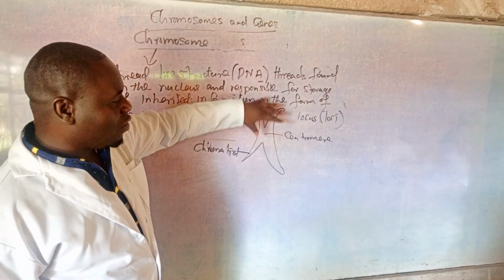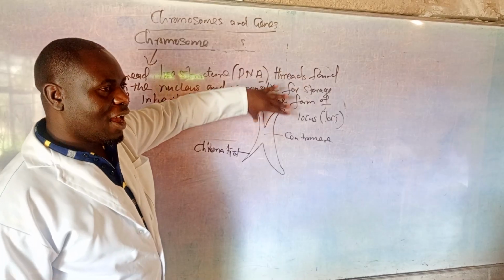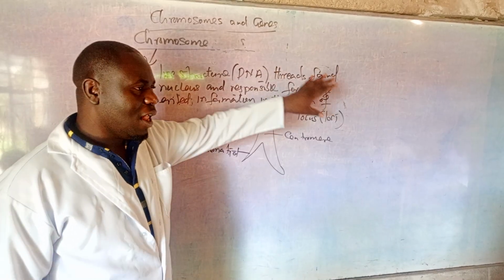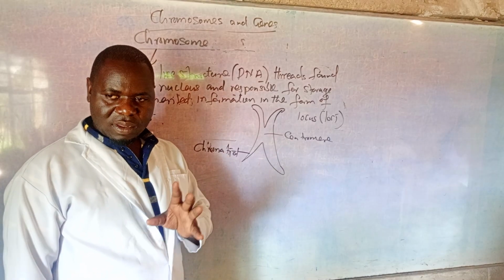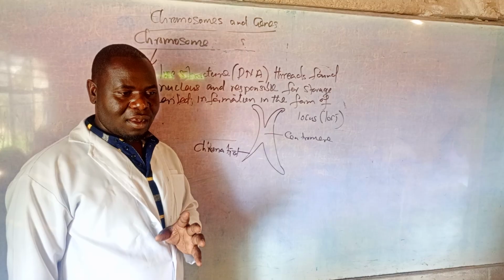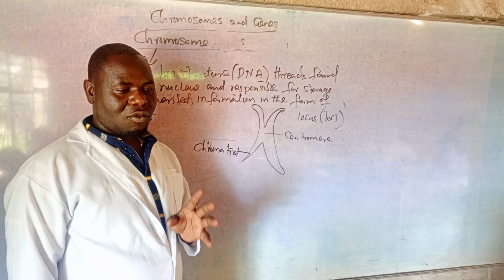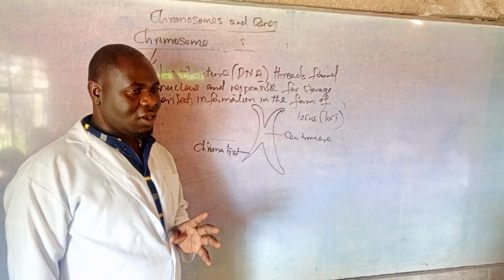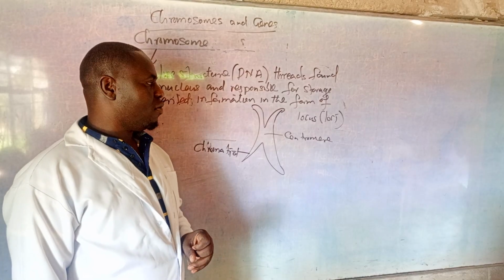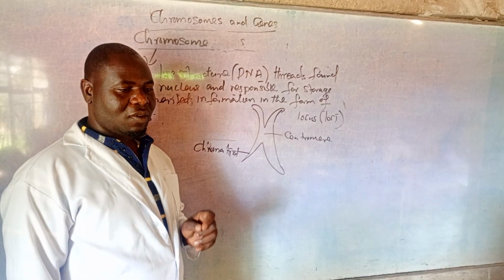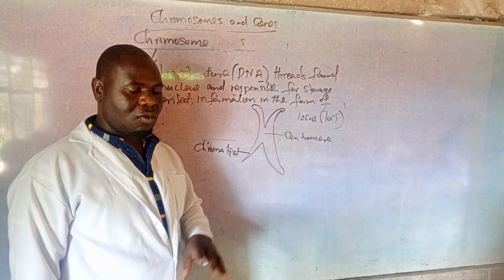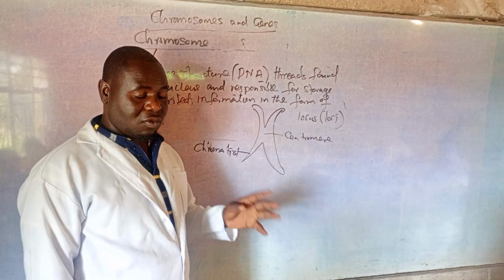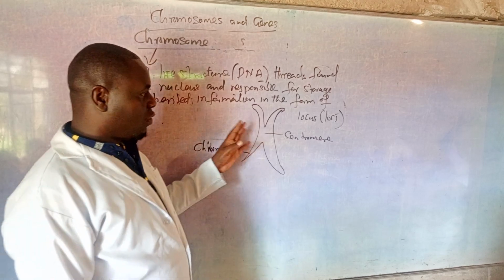In the chromosome you find a gene at the exact point called the locus. This inherited information is passed on from parents to offspring, to the children, and we call it a gene.